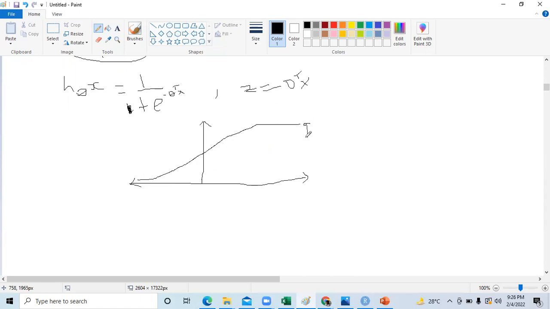Right, so this is g of z. This is z, which equals theta transpose x, just to remind you. Right, it meets here at 0.5. So everything in this plane meets at 0, and from here meets at 1.